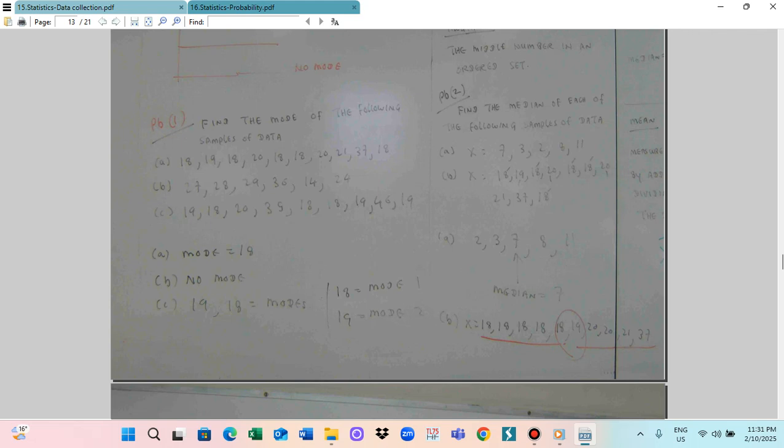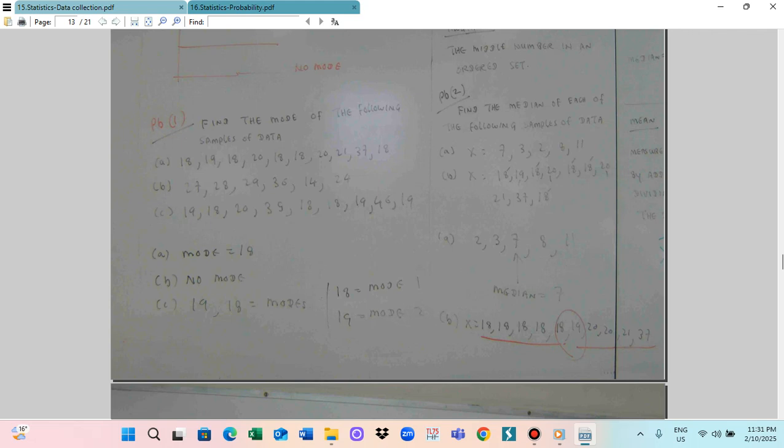After that it will follow the 19, then the 20, 20, okay, two 20s, and then followed by the 21, and finally 37. So you count how many numbers here: 1, 2, 3, 4, 5, 6, 7, 8, 9, 10.